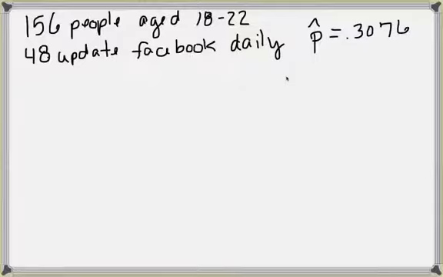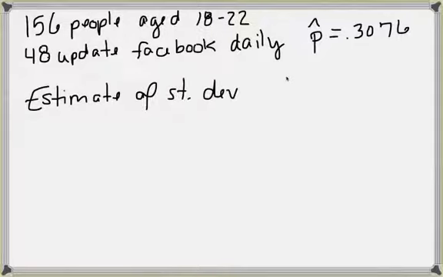We don't know the standard deviation for our population. So we're going to try to come up with an estimate of the standard deviation from our sample, and we refer to this estimate as the standard error.